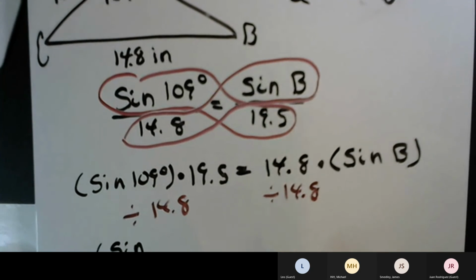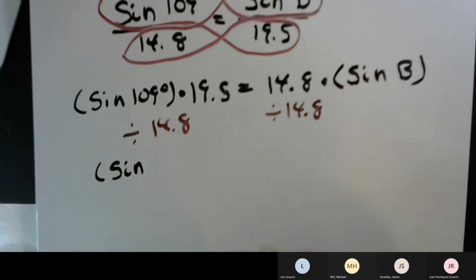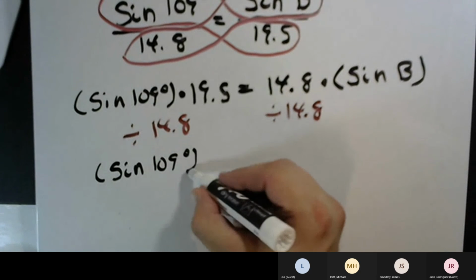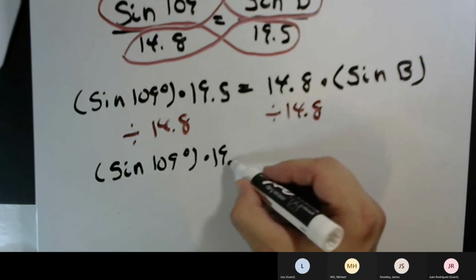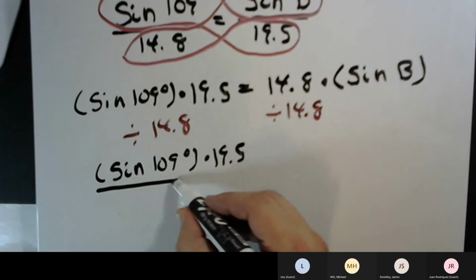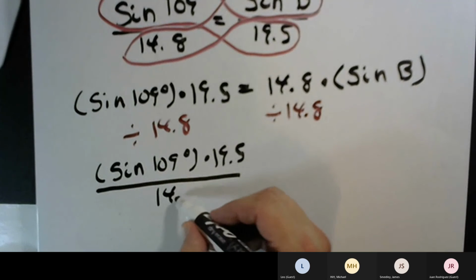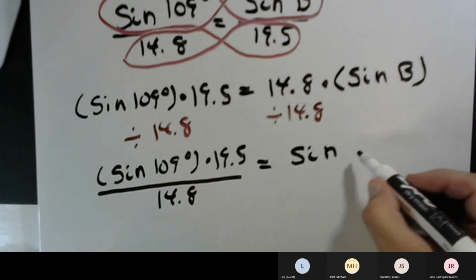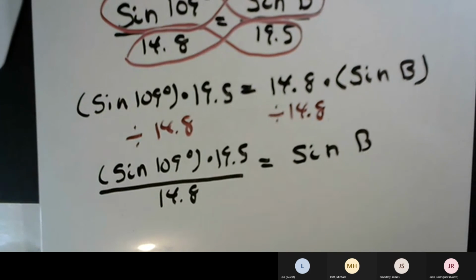We get sine 109 degrees times 19.5 over 14.8 equals the sine of B. And I'm going to turn this into a number. Let's do that.